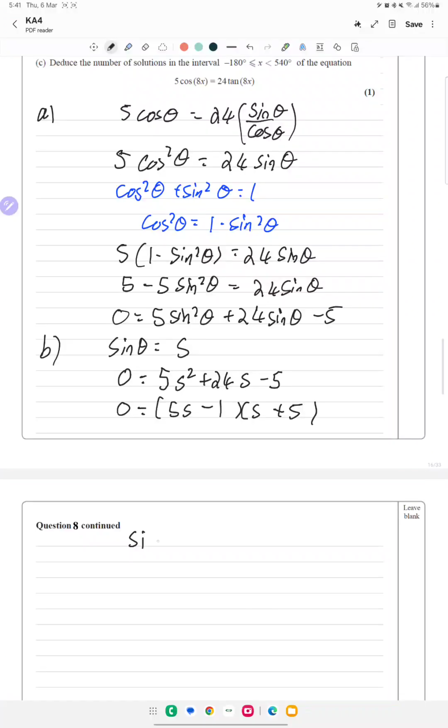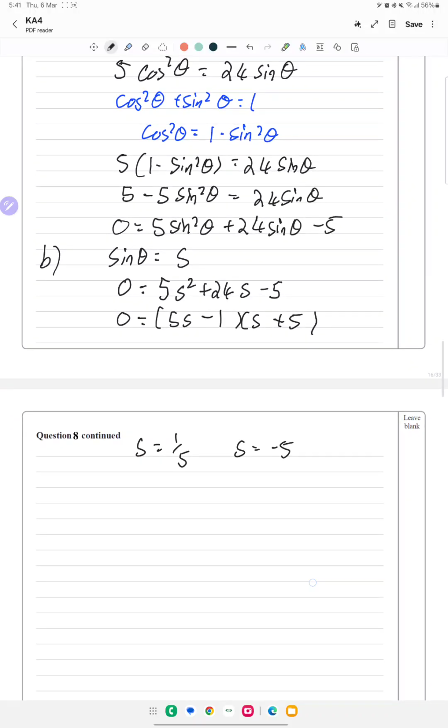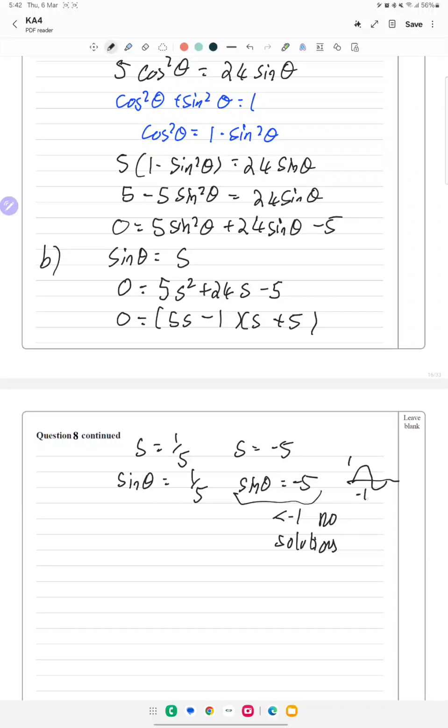So s is 1 over 5, or s is minus 5. So sine theta is a fifth, or sine theta is minus 5. Now this is less than minus 1, so no solutions there. Remember, sine's got this max at 1 and min at minus 1.